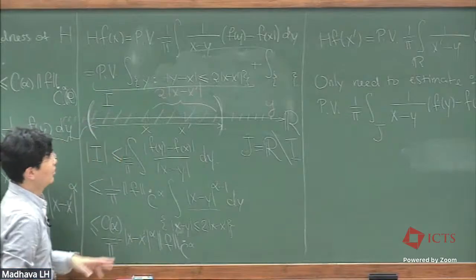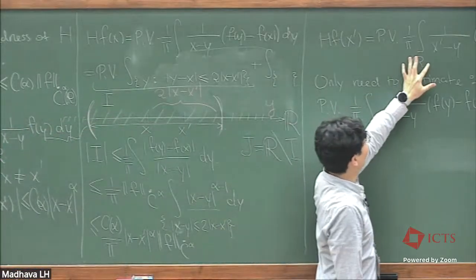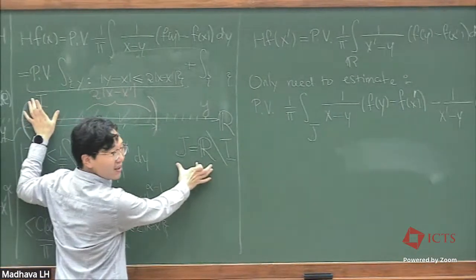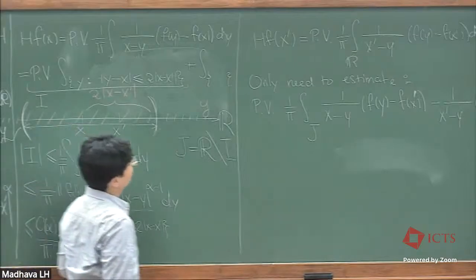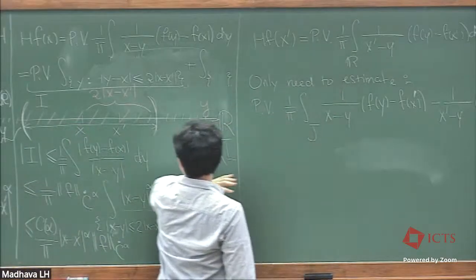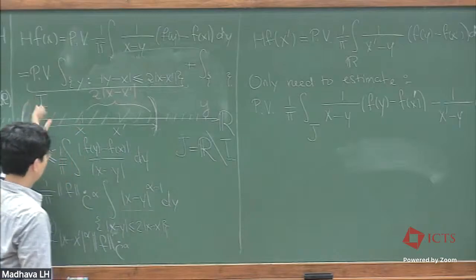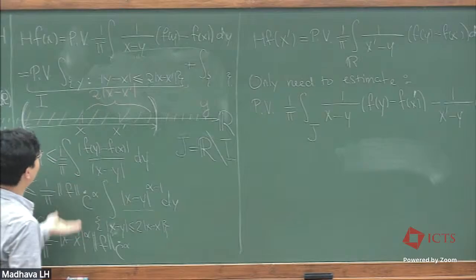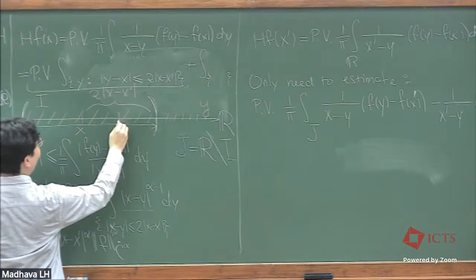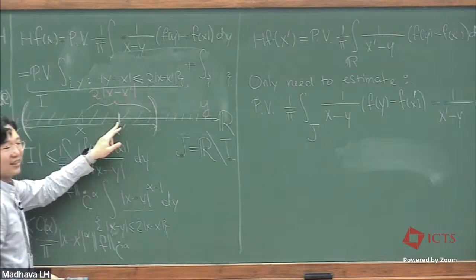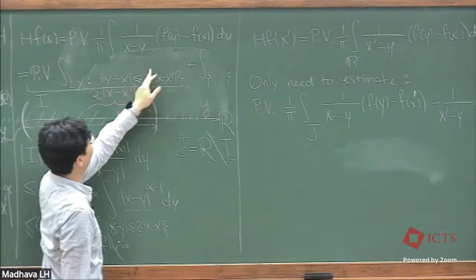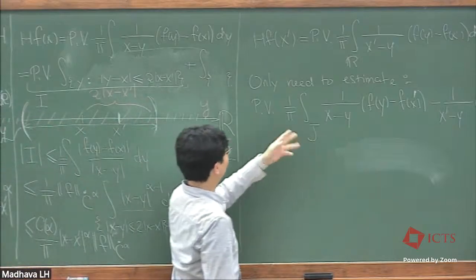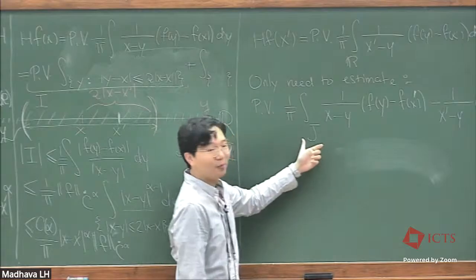We split this integral by the exact same regions, I and J. So this integral estimated in I, you just prove the exact same bound, because here what only matters is how far y is from your singularity, and that is of order of the distance of two points.